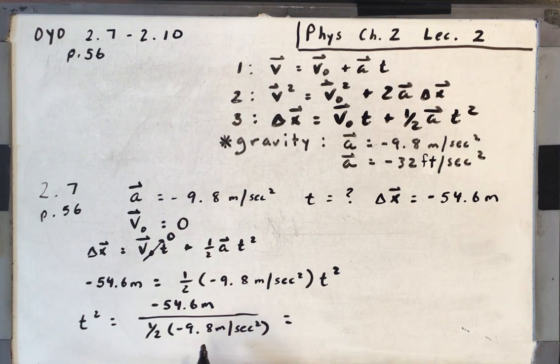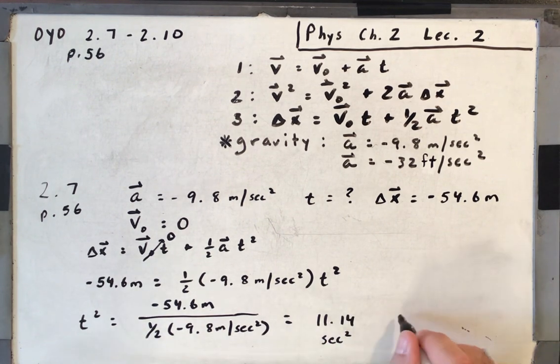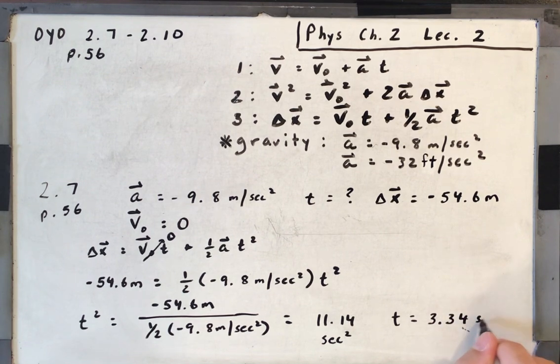Use parentheses judiciously, but you're going to get 11.14 seconds squared. But that's t squared, not t, so we need to take the square root of that number, and that is going to be 3.34 seconds.